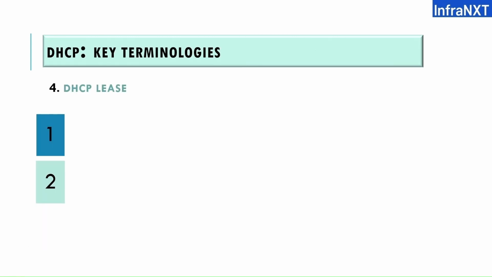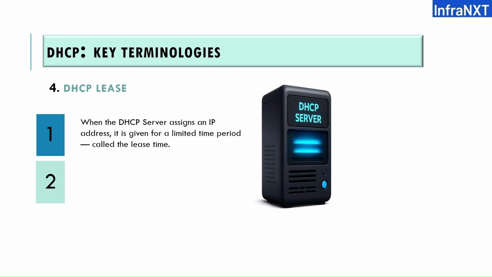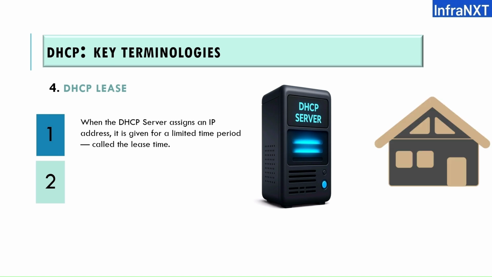Let's jump to another key terminology, which is DHCP lease. When the DHCP server assigns an IP address, it is given for a limited time period called lease time. This is exactly the way we take a house or a shop on lease with a fixed time agreement.